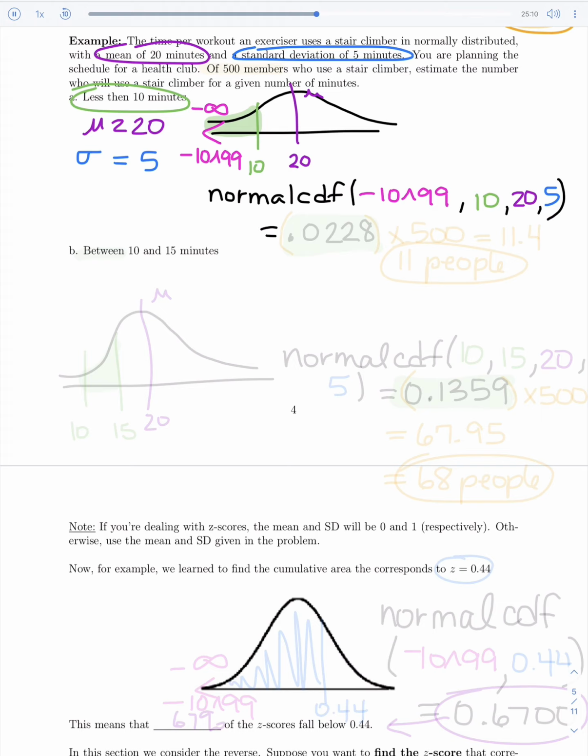Notice when you do this in your calculator, you'll get 0.0228. Well, that's your probability of landing in that left-hand side, having used the stair climber for less than 10 minutes. Now, we still wanted to know of our 500 members, how many are going to land in that group? So I need to take my probability and multiply it by our 500.